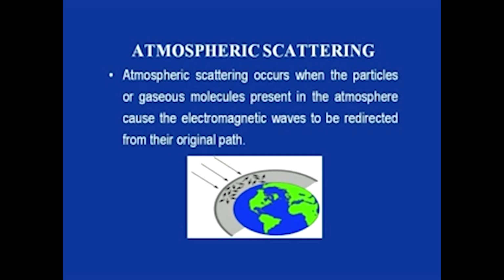Now, let us look at the third phenomenon when the electromagnetic energy interacts with the atmosphere, and that is atmospheric scattering. Atmospheric scattering occurs when the particles or the gaseous molecules present in the atmosphere cause the electromagnetic waves to be redirected from their original path.